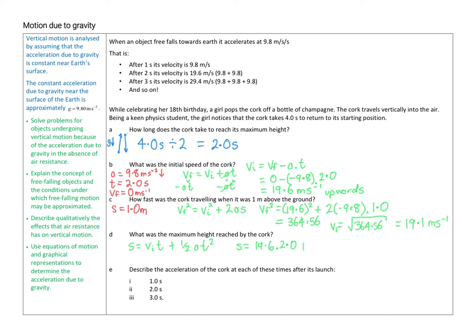Then we go plus a half times by the acceleration, which is, remember, minus 9.8 because it's in the opposite direction, times by t squared, which is 2.0 squared.